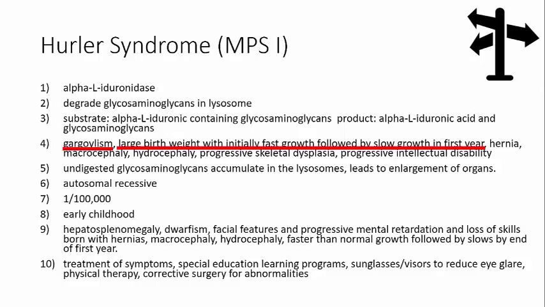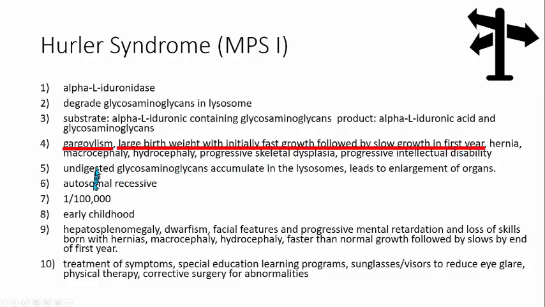They also tend to initially grow rather fast. They look like they're going to be healthy babies, and then within the first year they begin to slow and then progressively slow their growth considerably thereafter. These children will never get particularly large because of the slowing of their growth.